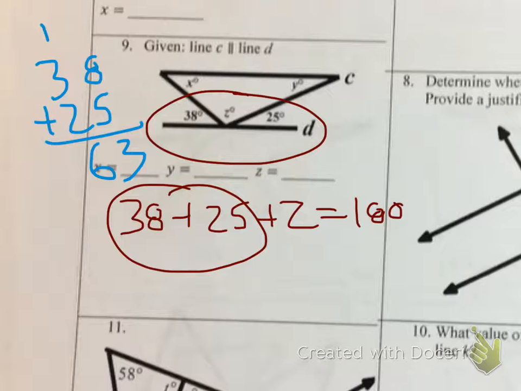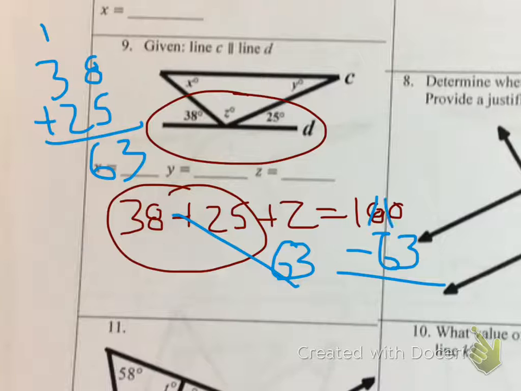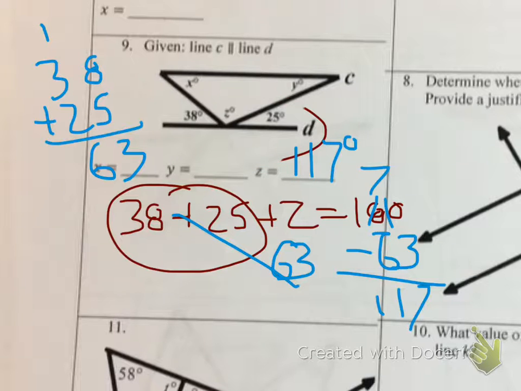Now minus 63, those cancel, minus 63. That's 117, so Z equals 117 degrees. So now that we know what Z is, we can replace Z with 117.